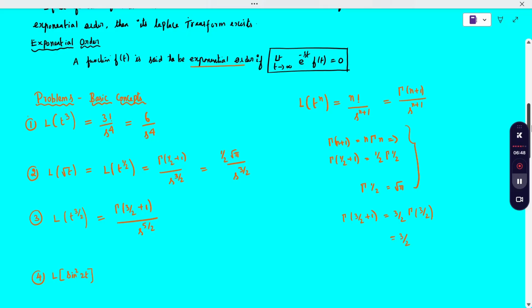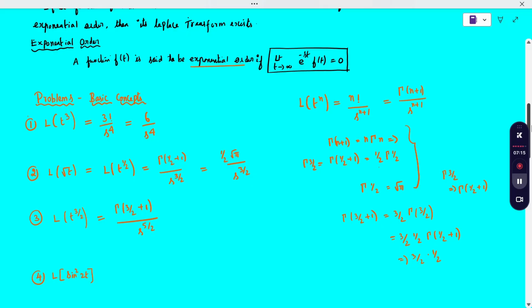So now when I write gamma of 3 by 2, how can I write it? Gamma of half plus 1 I can write, so 1 by 2 into gamma of half. Then 3 by 2 into 1 by 2.